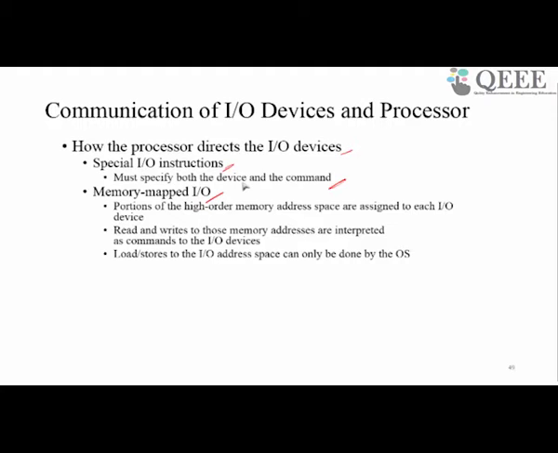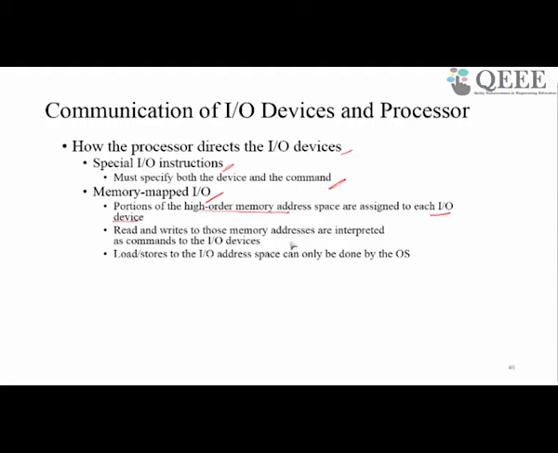Alternatively, you can treat the IO devices as if they are memory locations, and such mapping is called memory mapped IO. A part of the high order memory address space is reserved, wherein these addresses are nothing but the addresses corresponding to IO devices, or the IO controller registers.